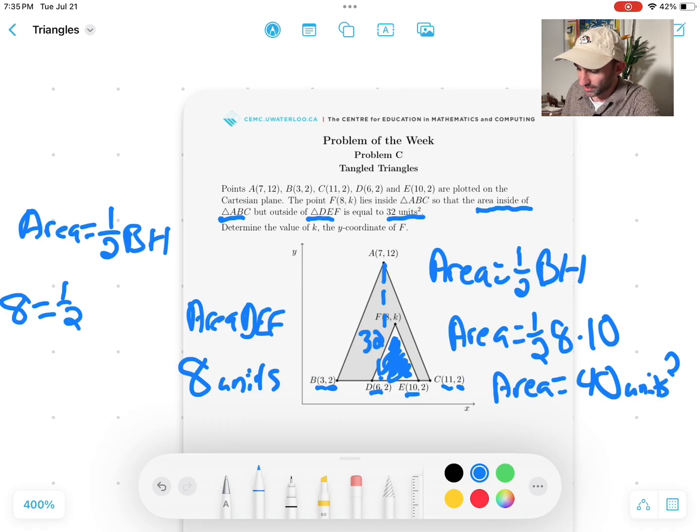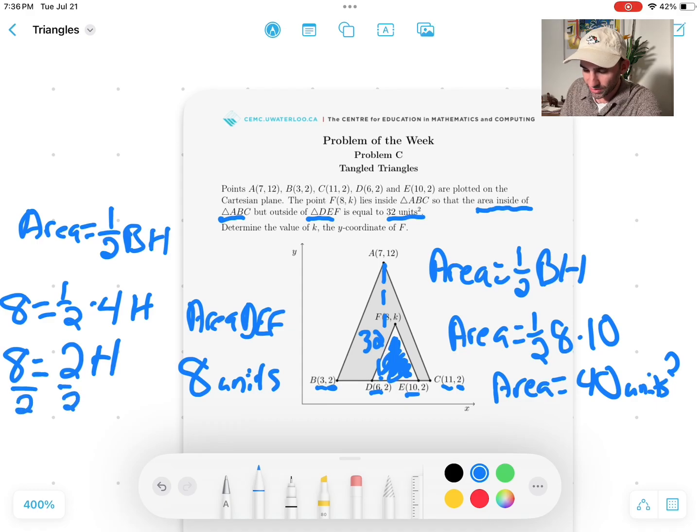So our base is going to be 10 minus 6, which gives us 4. So 1/2, 4 times h. And h is going to be close to our k value, but not exactly our k value. So we'll just call that height for now. So 8 equals 1/2 of 4 times h. We can simplify that to 8 equals 2h. Divide both sides by 2. 4 equals h.